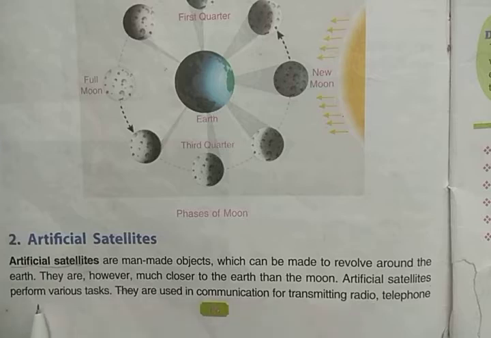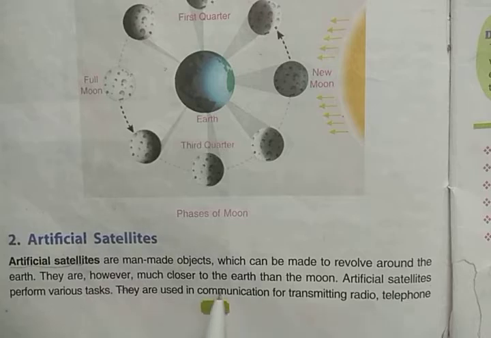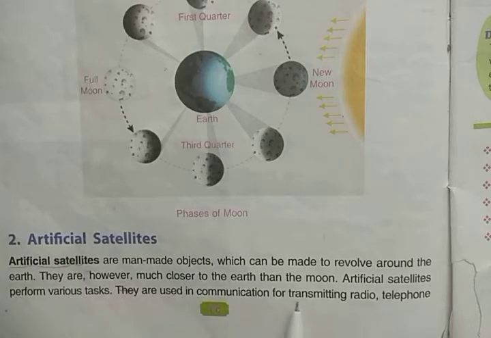Artificial satellites perform various tasks. So जो ये artificial satellites होते हैं, इनके कुछ ये particular task जो है उसको perform करते हैं. इनको set करने का कुछ particular purpose होता है. They are used in communications for transmitting radio, telephone and television signals.